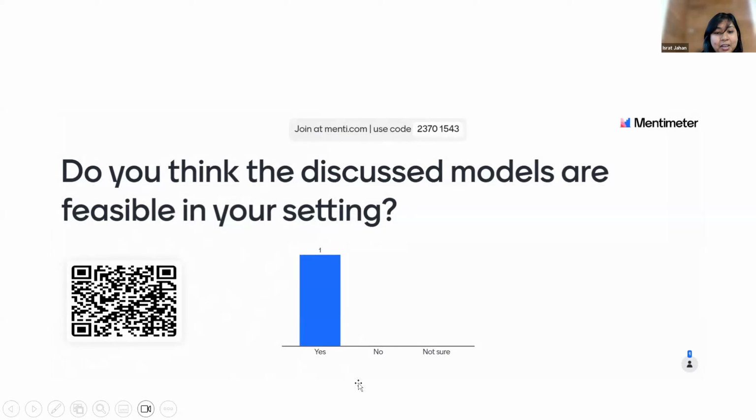Awesome, already one. It's very, very positive. So everyone thinks that these models are very feasible, which is really, really good.